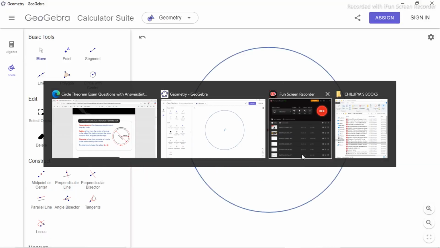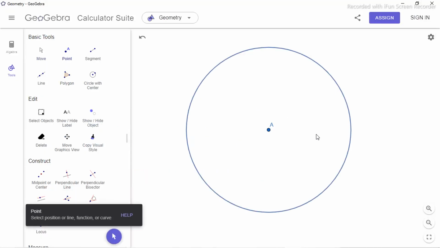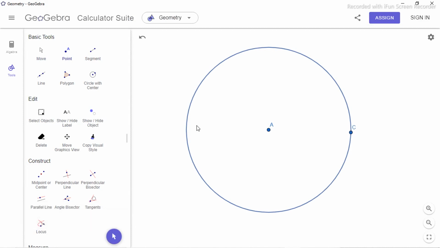So let us go back to our app here. Let us add a point like so. We're going to call it point C. As you can see, if we draw a line like so, it will form what we are calling the radius. This is the radius, because this is a line that is drawn from the center of the circle all the way to the edge, or the circumference.